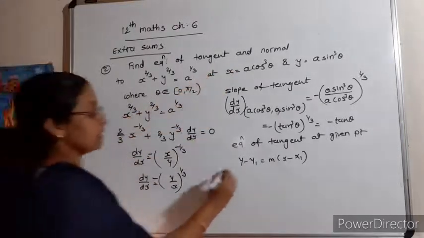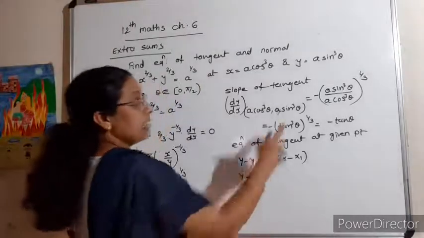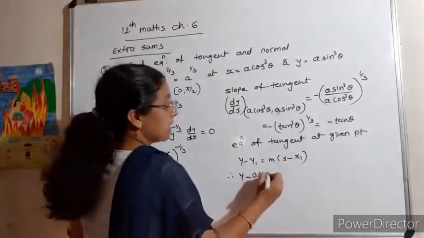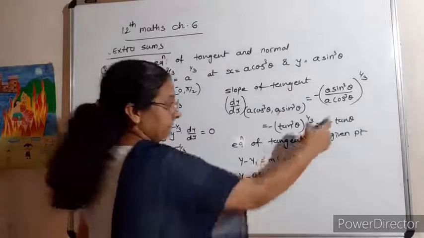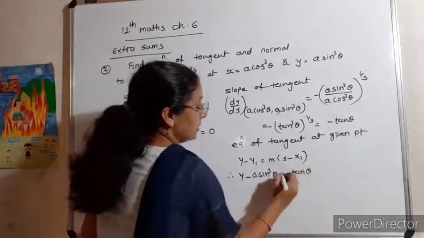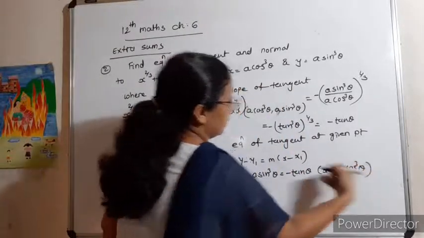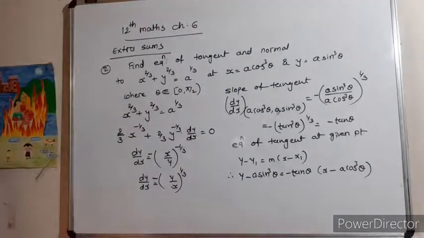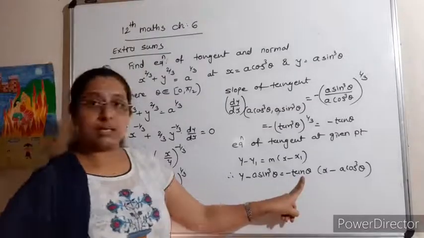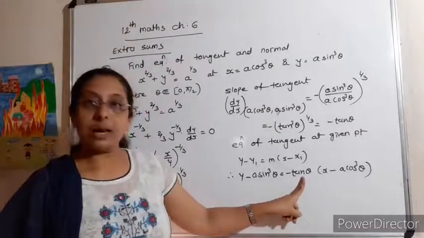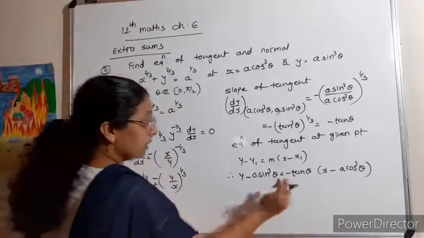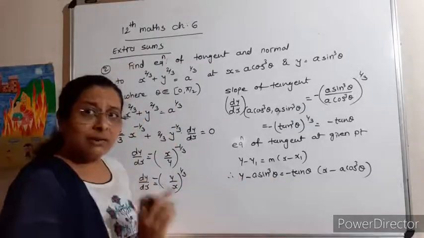So we can say that therefore y minus y1, that is a sin cube theta, equals m, that is minus tan theta, times x minus a cos cube theta, right? So this is the equation of tangent. Now this equation of tangent, if you want to simplify, then what happens? Here just instead of tan theta you will write sin by cos. And that cos you multiply on this side. So we'll write it directly.